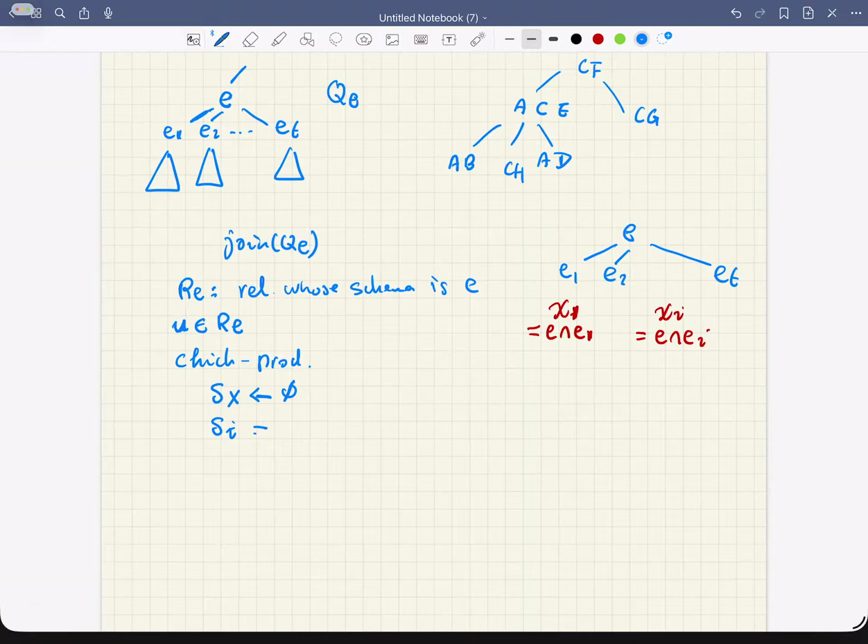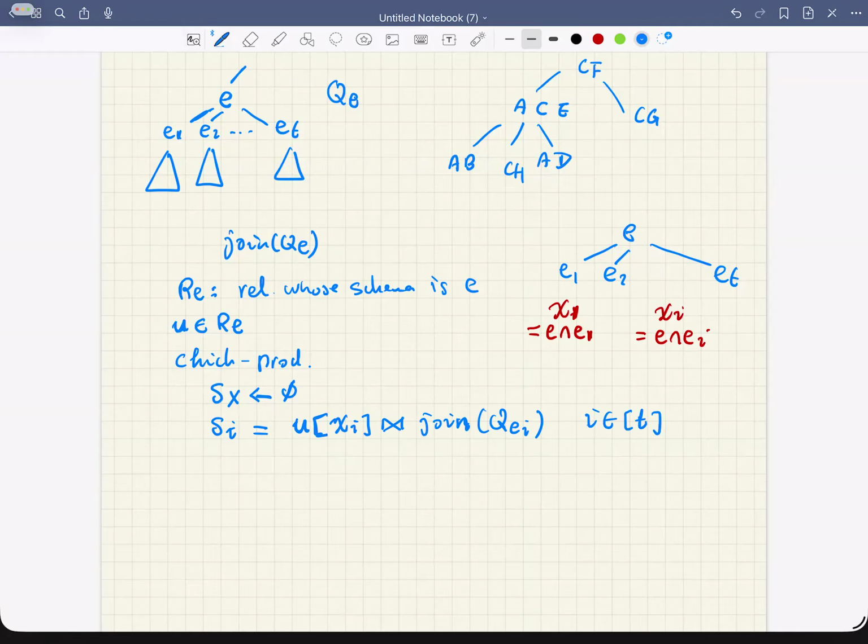For every i, you define this set as U. Let me give you the math, and then I'm going to explain. This is the join result of this Q of E_i, for i from 1 to t.